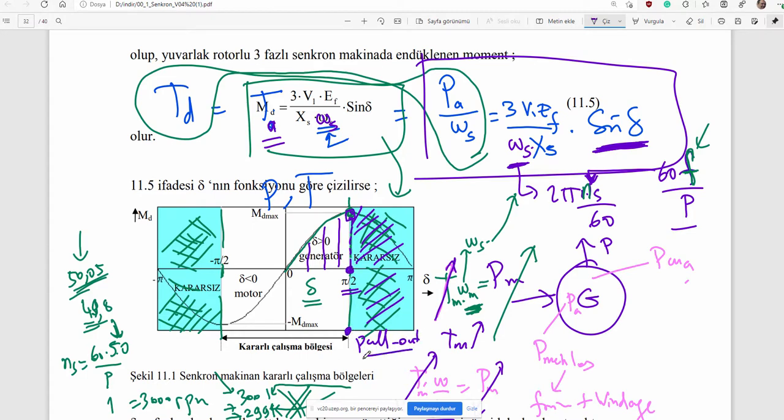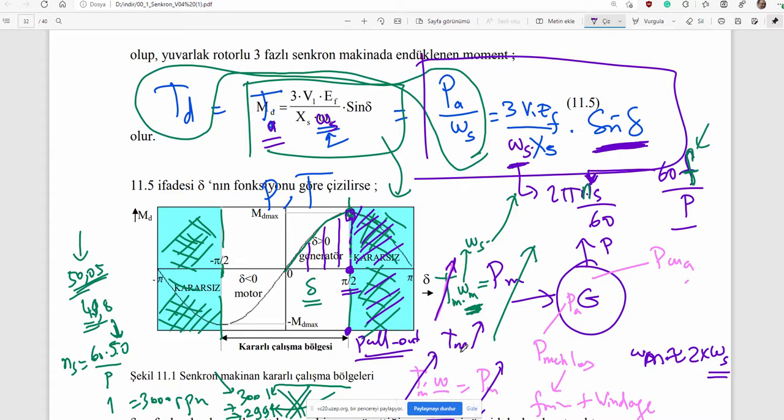After the pull out point is reached, the mechanical speed can reach double synchronous speed. And it is dangerous, because those machines are very heavy, large machines.